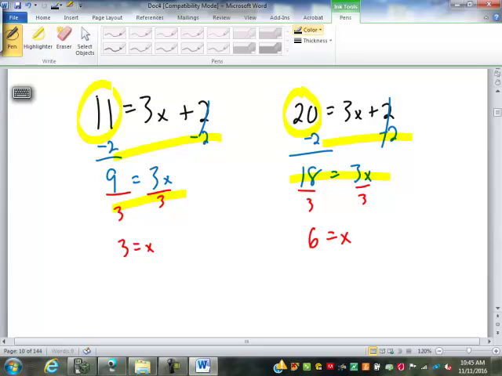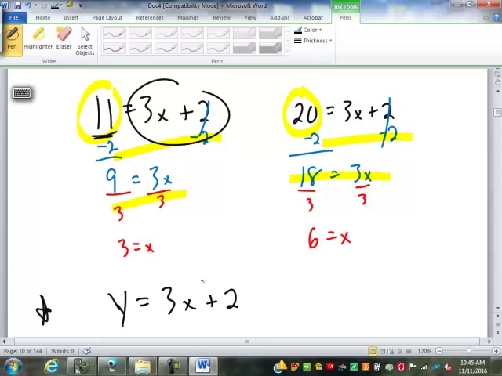Well, I can represent all of those equations with just one. That whole family of equations, it's called, where everything's the same except for the constant on the other side, can be represented like this, as y equals 3x plus 2.